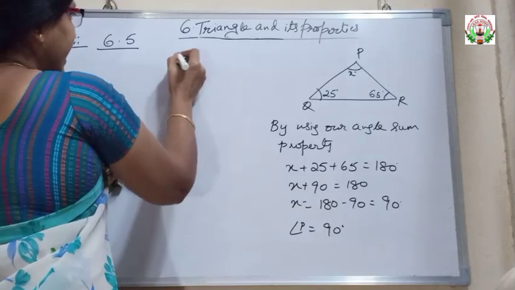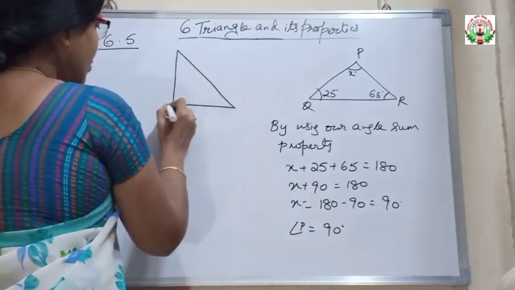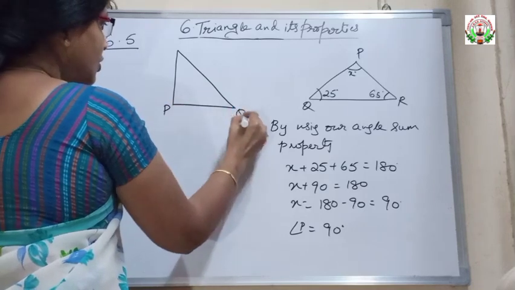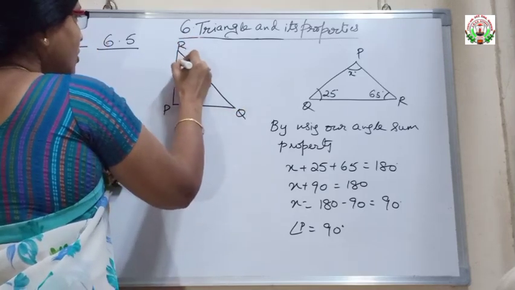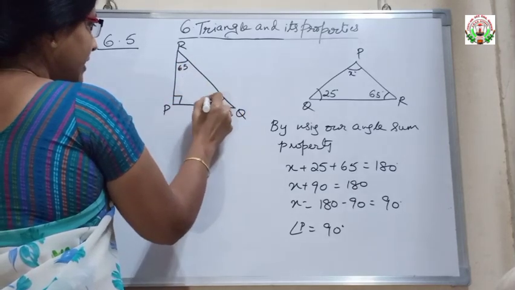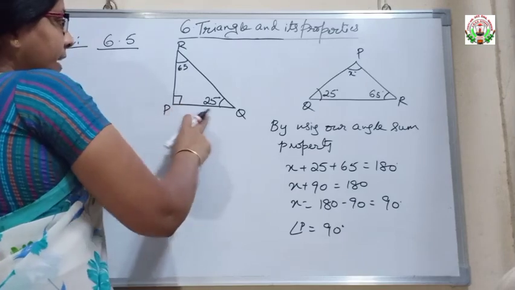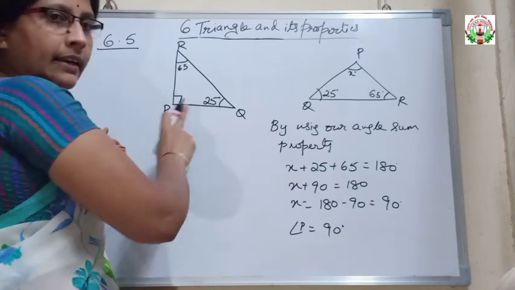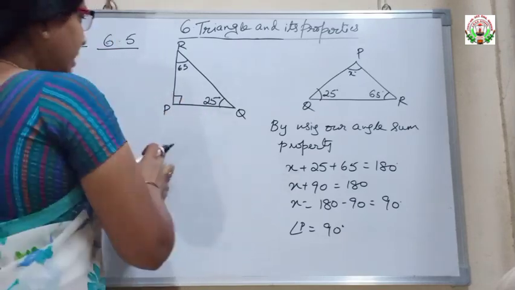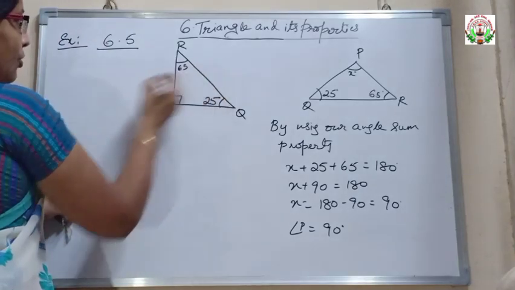It is right angled at P. So this is P, this is Q, this is R. So this is 65 degrees, this is 90 degrees, and this is 25 degrees. And this is a right angle triangle. We know that by Pythagoras theorem, this is your hypotenuse.